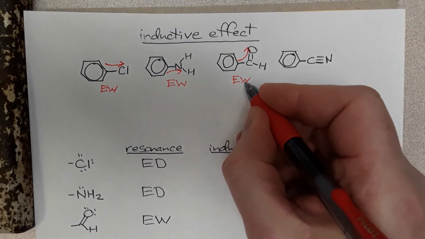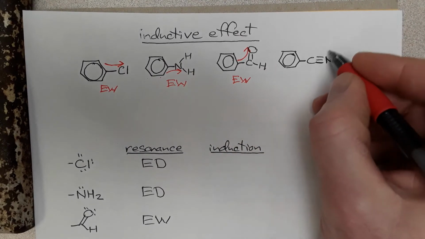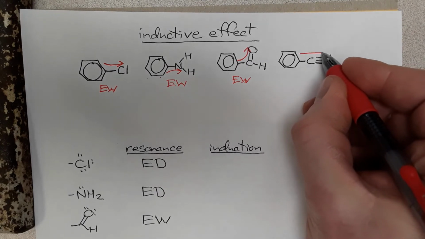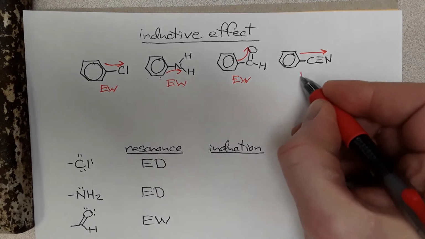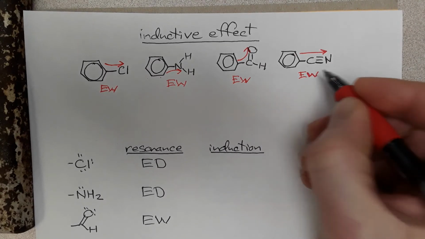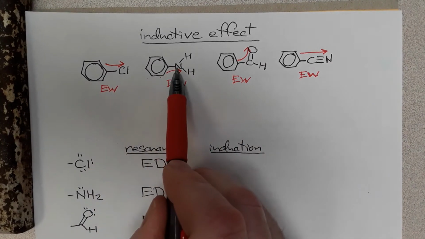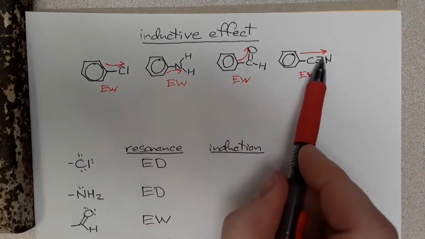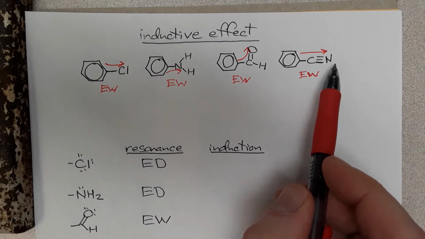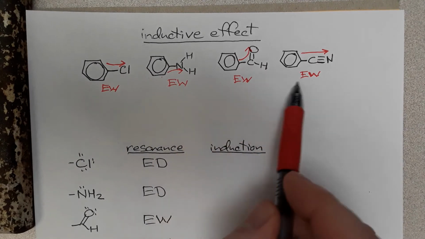So these groups that have a pi bond between the first atom and the second atom have the same electron withdrawing inductive effect. All of these groups that either have the first atom being electronegative or the second atom being electronegative are going to have an inductive effect, and they're all going to be electron withdrawing.